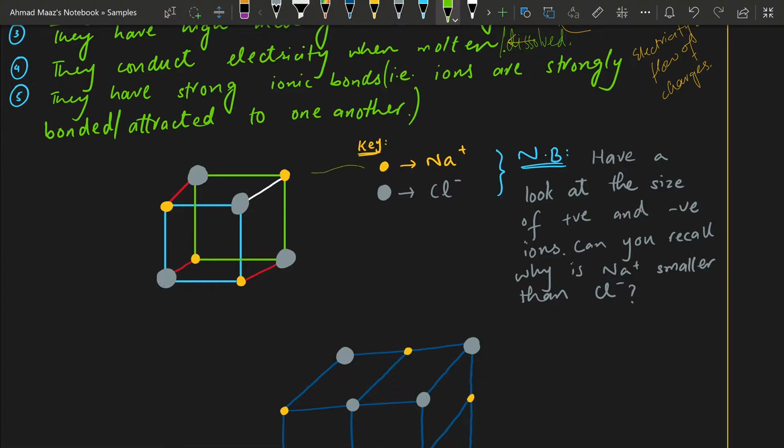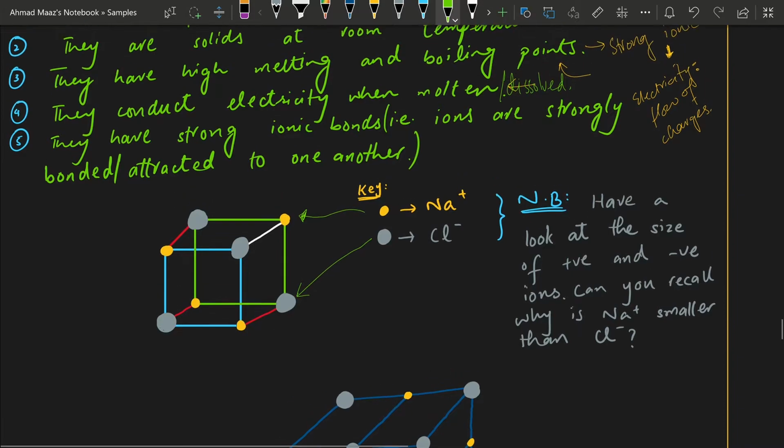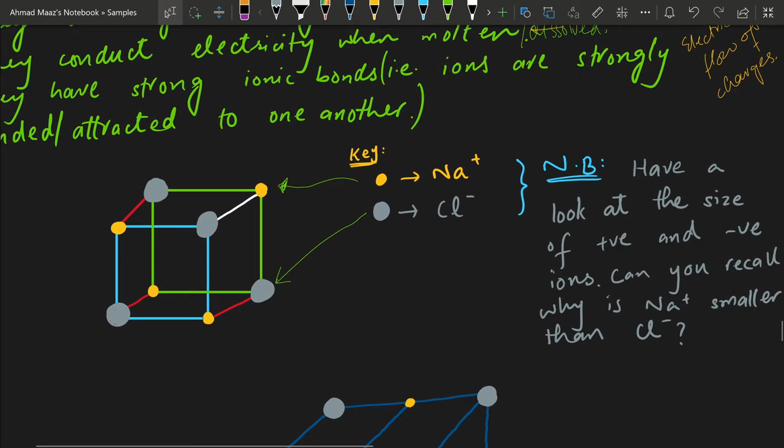These golden circles that I've drawn represent sodium ions, and these gray circles represent chloride ions. This is a crystal of sodium chloride. This is somewhat how it looks. Yes, it is a cube, it is a crystal, and this is how the ions are arranged.